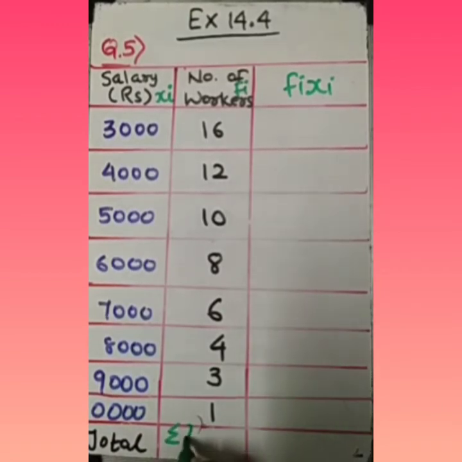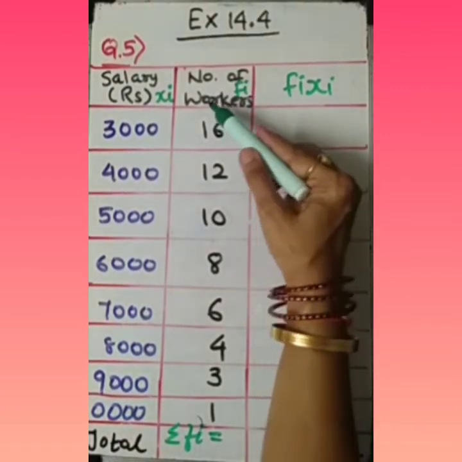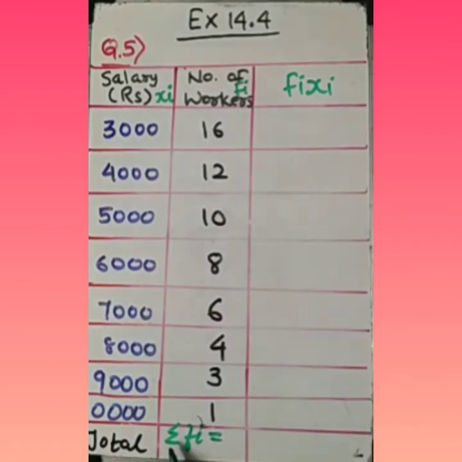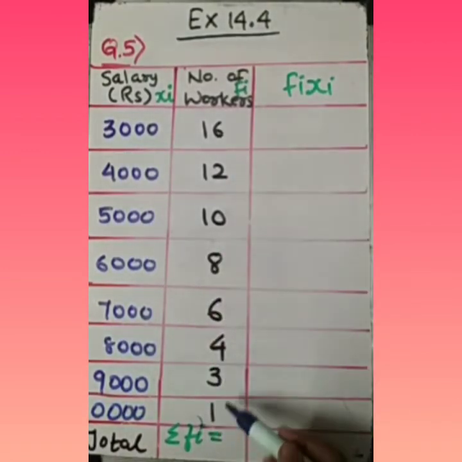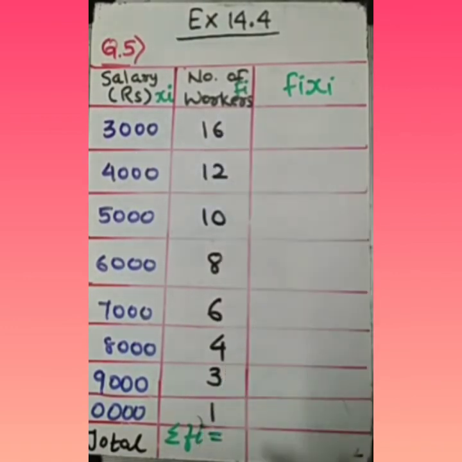So sigma fi is the sum of frequency, where fi is the frequency. Let's add all of this: 4 plus 4 is 8, plus 6 is 14, plus 8 is 22, plus 10 is 32, plus 12 is 44, plus 16 is 60. The sum is 60. Got it? We have written sigma fi equals 60.